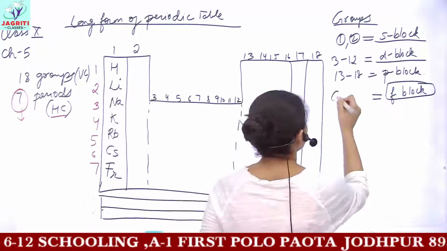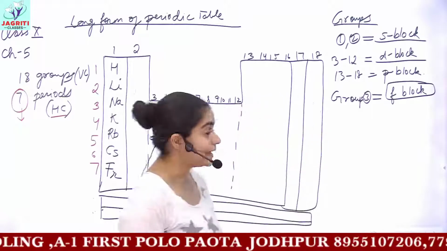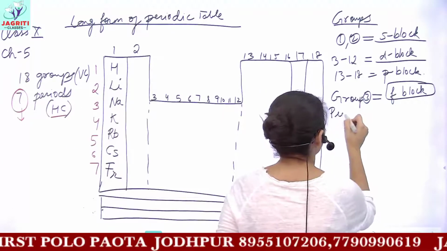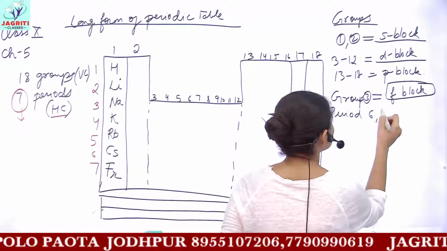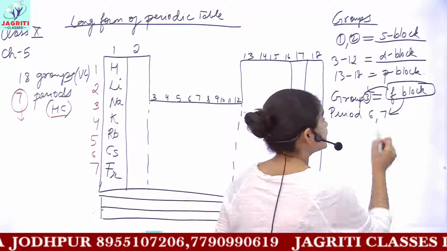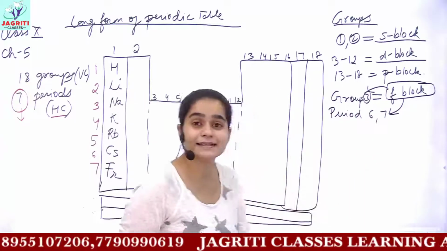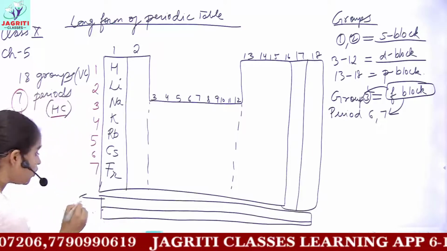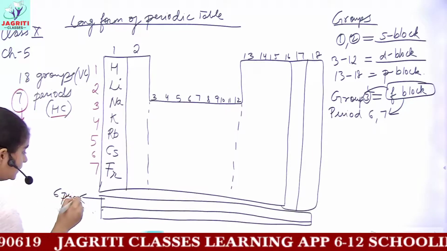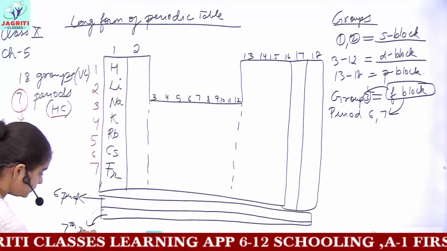So we say that the F block belongs to group number 3, and this F block belongs to periods 6th and 7th. These are the important answers: the F block belongs to group 3 and periods 6 and 7. The first row of the F block belongs to the 6th period and the next row belongs to the 7th period.